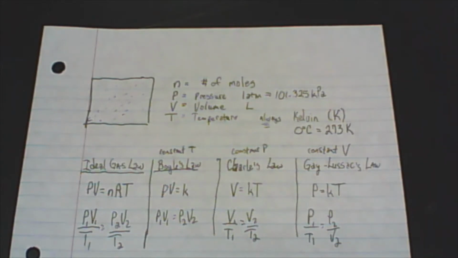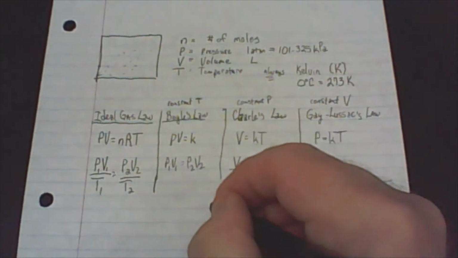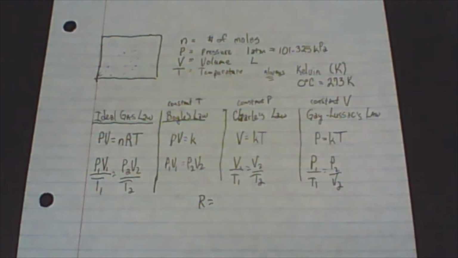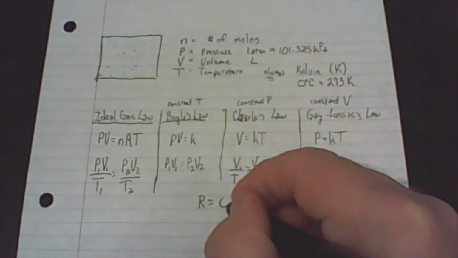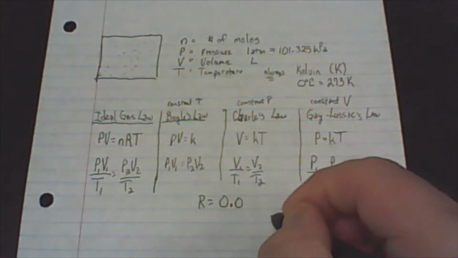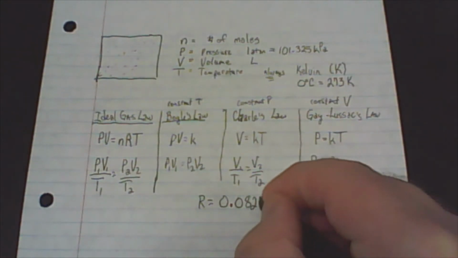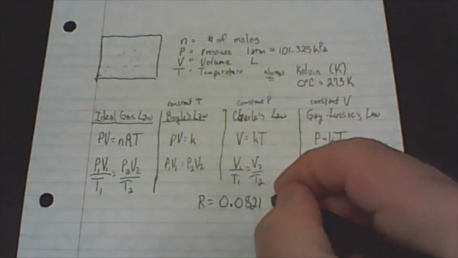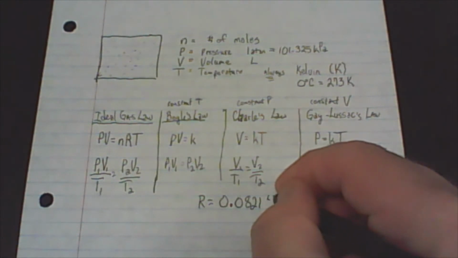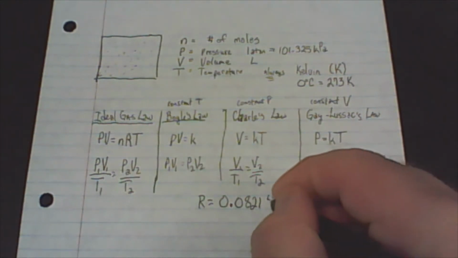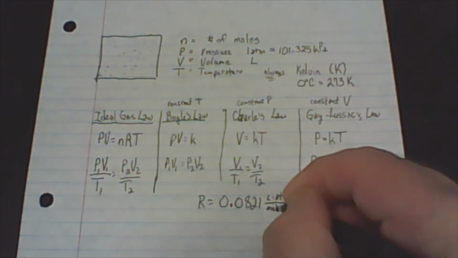Now, I promised you one more thing, and that was a value for R. Well, there's really only two values you need to know for R, and that's based on the units. The first value is 0.0821, and the units are liters times atmospheres divided by moles times Kelvin.